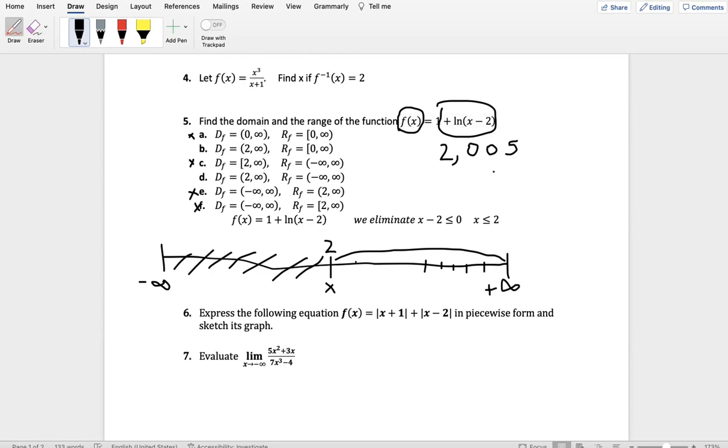And you know that when you get to smaller and smaller values, the ln gets closer and closer to minus infinity, right? So the set of values that this could have is anything from negative infinity to positive infinity, right?